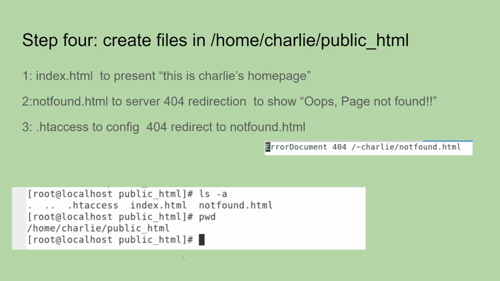And step 4. Step 4 is create files in home username public_html, because my Linux user is Charlie. So first I should go to home Charlie and create a folder named public_html, and after that I will create 3 files.